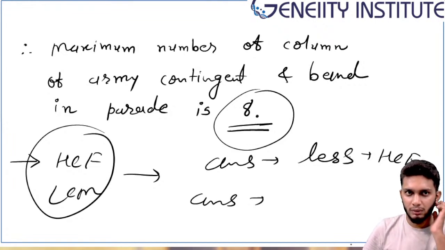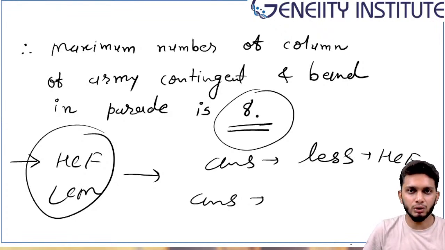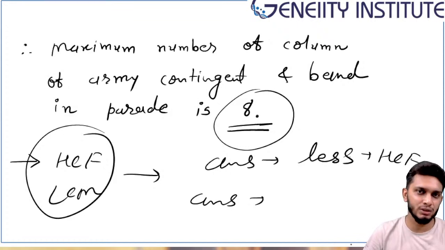You have number 616. So your column must be less than 616. So at that time you need to find HCF.